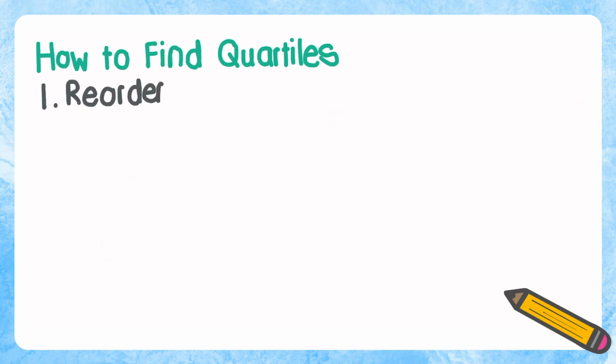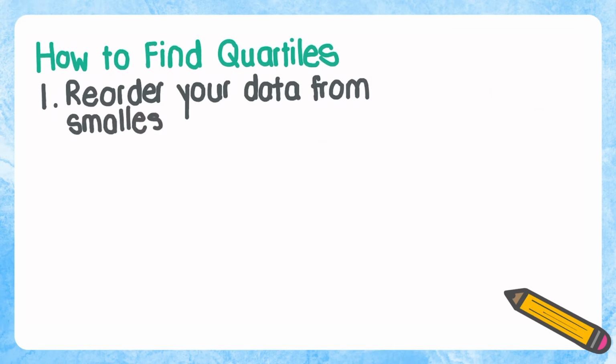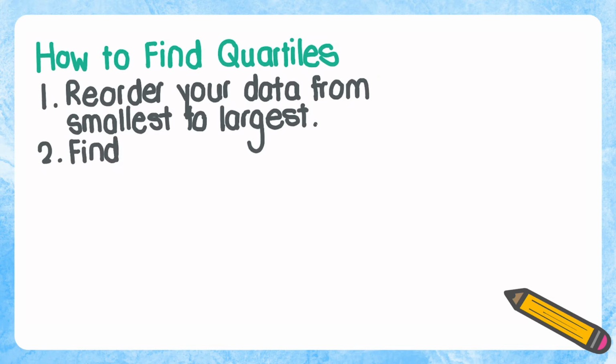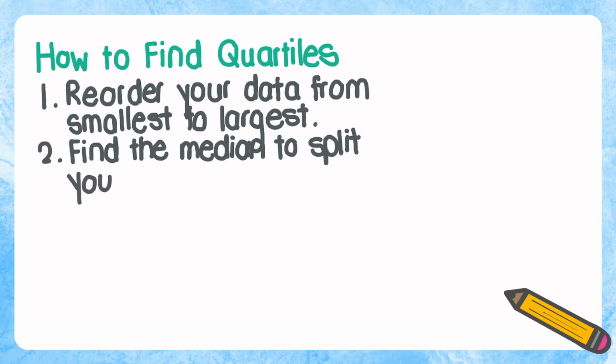So first, let's look at how to find quartiles. Step 1 is to reorder the numbers from least to greatest. So if you have a data set, you're going to reorder it from the smallest number to the largest number. And then next, you're going to find the median. Again, the median, like we talked about last time, is that middle number. Once you find the median, that's going to allow you to split the data into a lower half and an upper half.